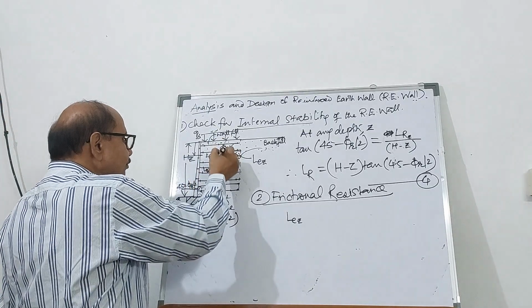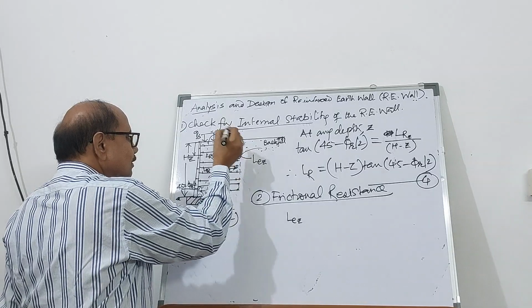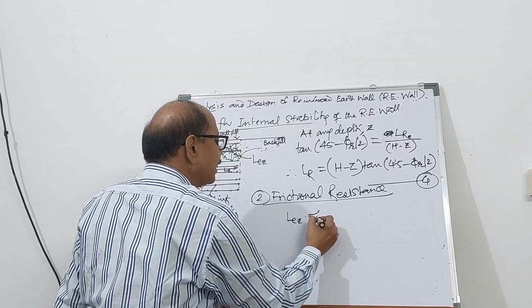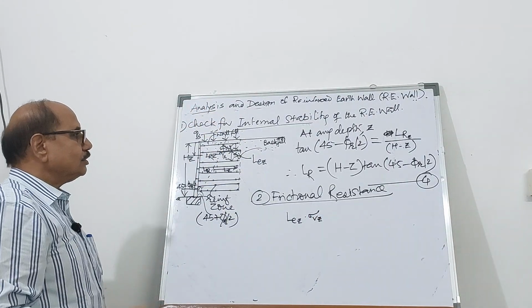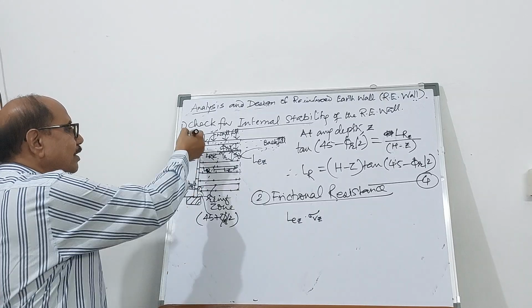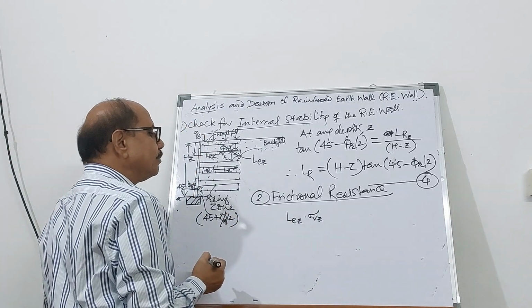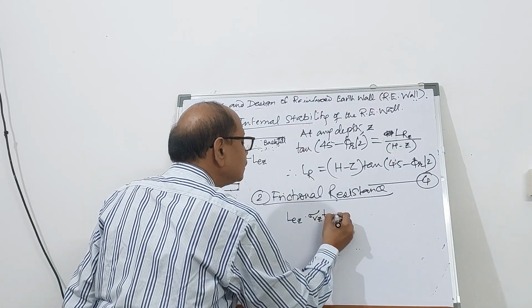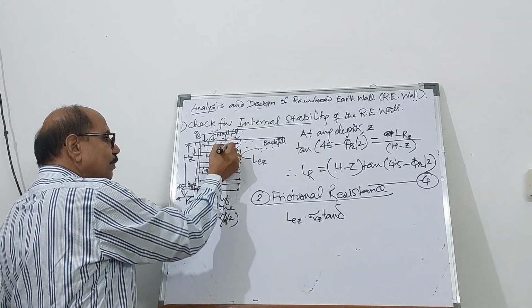Now, what is the vertical pressure here? I can find out the vertical pressure at Z due to the fill material and also due to surcharge. The vertical pressure multiplied by tan delta will be the horizontal pressure.